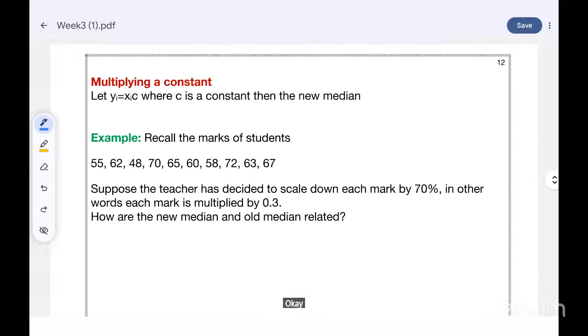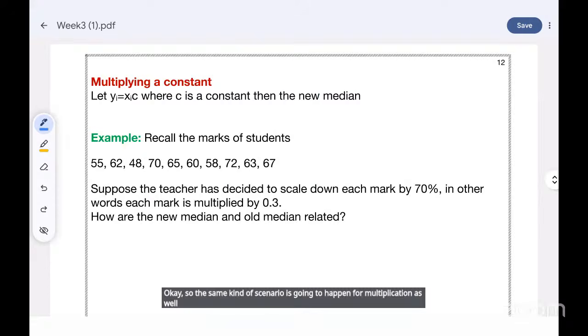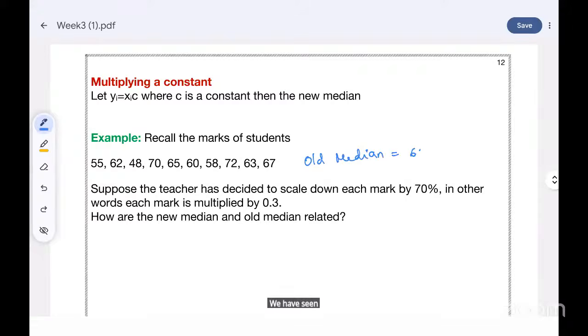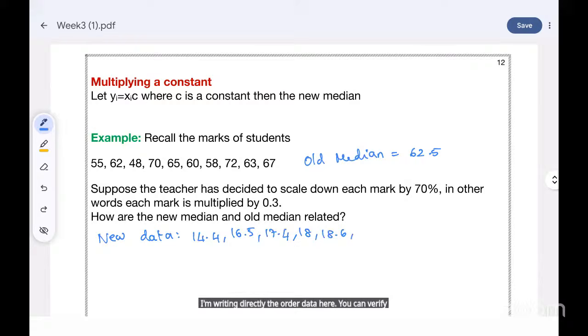The same kind of scenario is going to happen for multiplication as well. Here it is the same data set we have seen earlier. The median of this data set is 62.5. Now, if you multiply this with 0.3, your data set becomes, I'm writing the ordered data directly here, you can verify this.